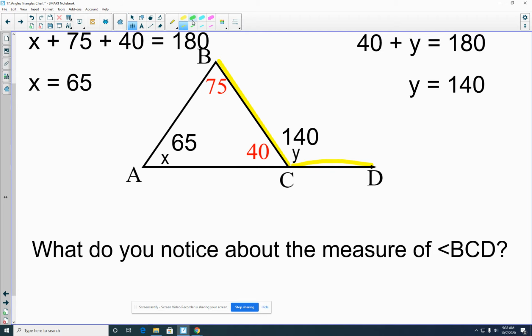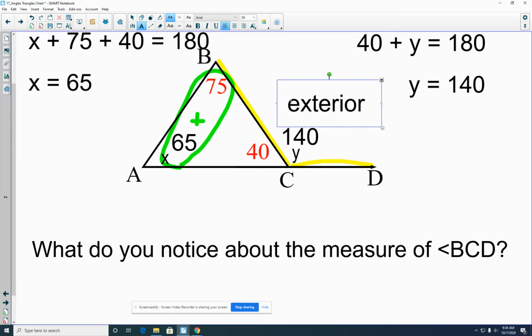And what we're really focusing on is this over here. Take a look at these two angles, 75 and 65. Now the thought is, if I add 65 and 75, that actually gives me 140. Now these are interior angles because they're inside of the triangle. This here is an exterior angle. It's outside of the triangle, right?